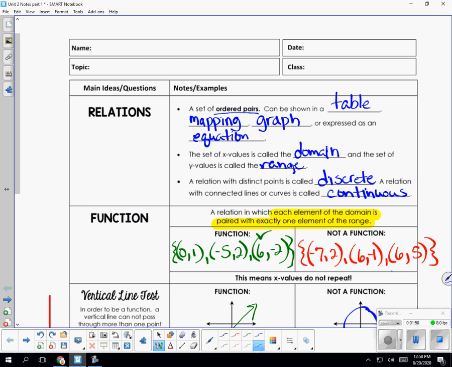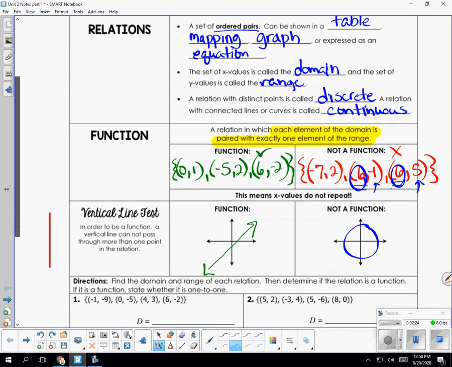Well, no, it does not, because this 6 is paired with a -1, and this 6 is paired with a 5. You cannot have that and have a relation be a function. So that is why that one is not a function.